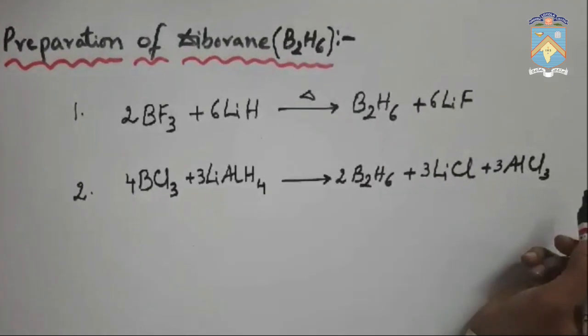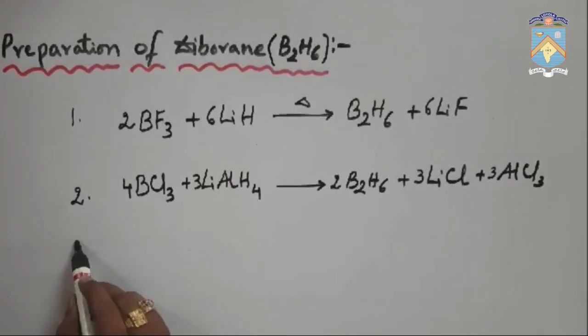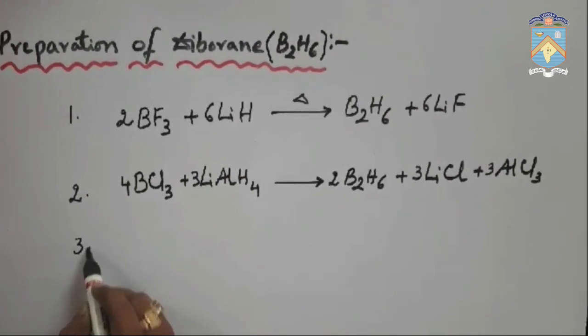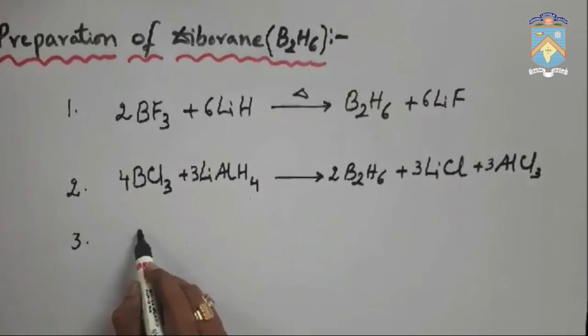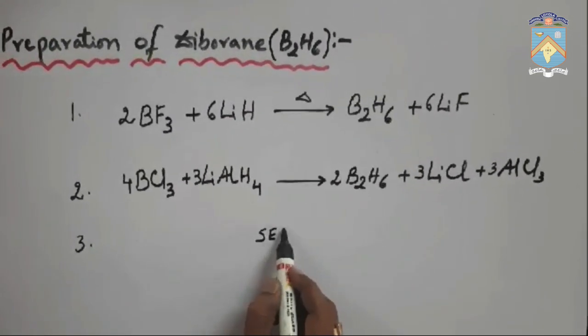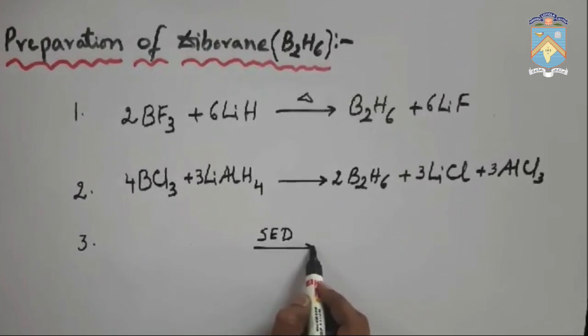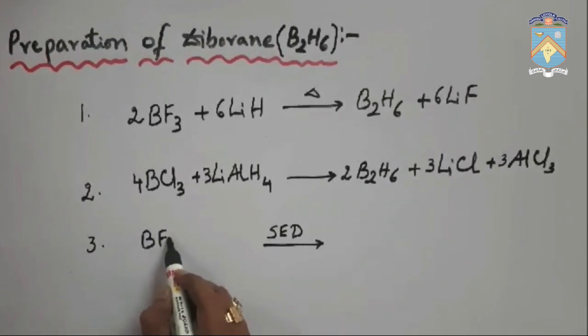So now let us focus on the third method, which is the best method for the preparation of diborane. In this method, diborane is prepared by the silent electric discharge of boron trifluoride gas with hydrogen.